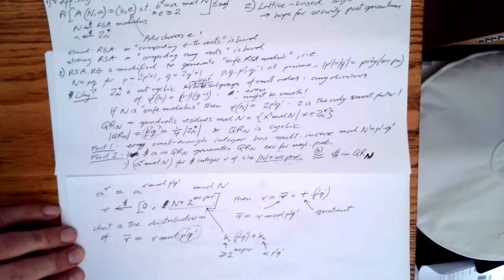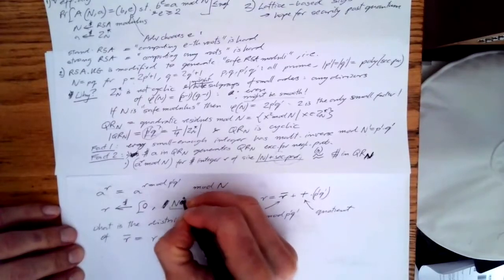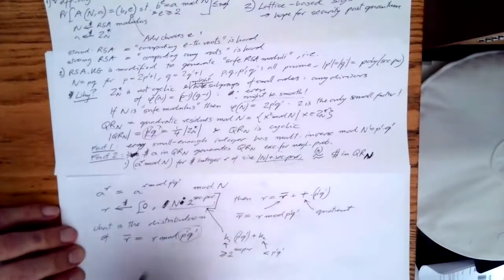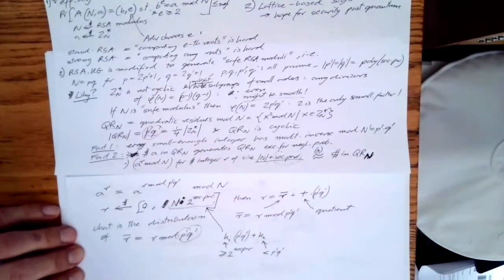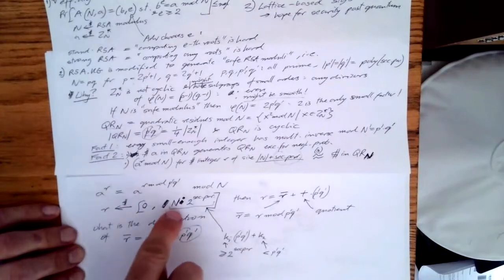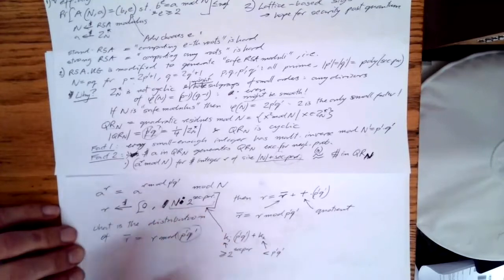The length is the length of n plus the security parameter, so the value is n times 2 to the security parameter.